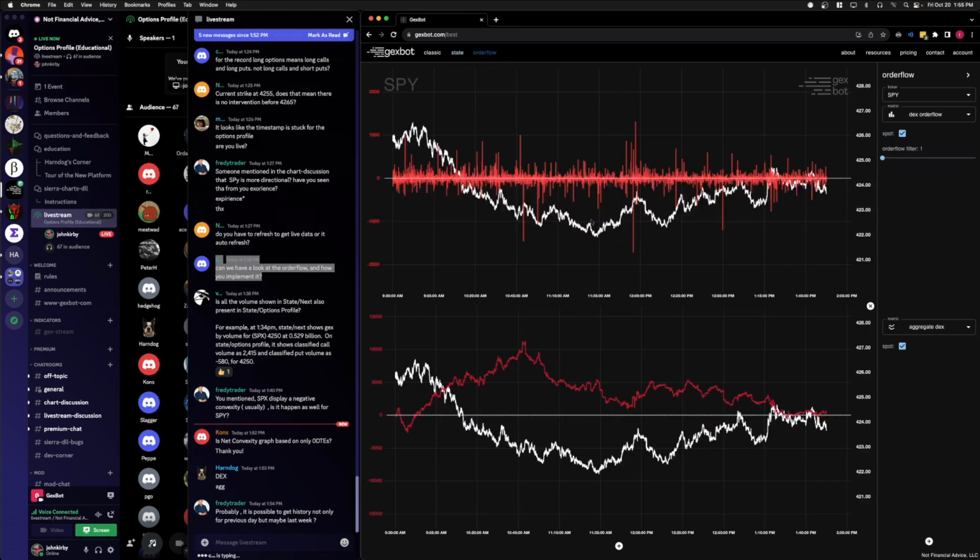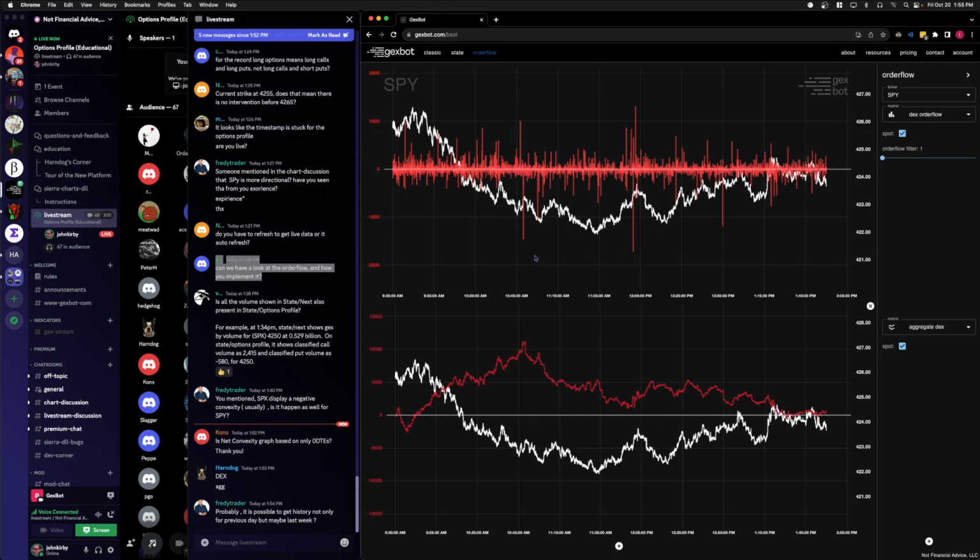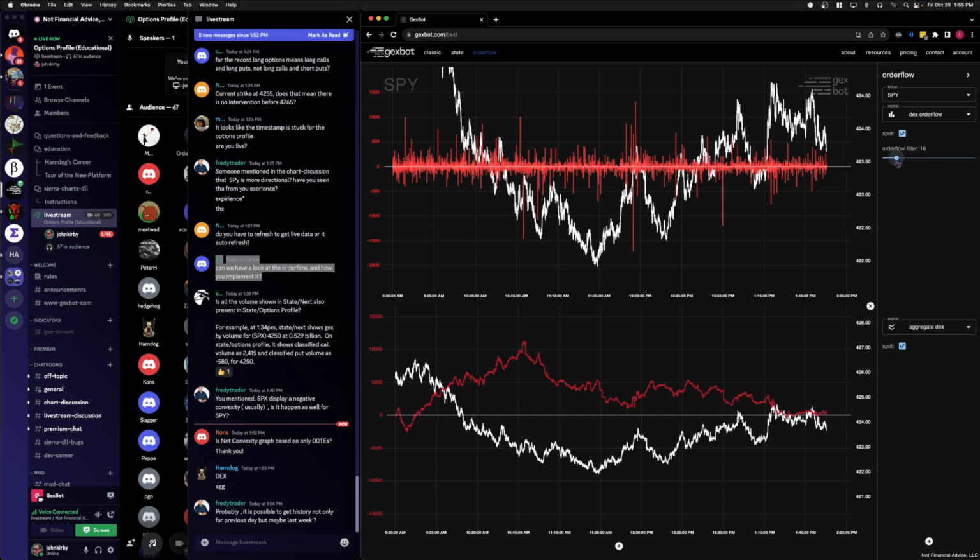So it's a way of keeping track of big trades that are coming through, and it is pretty cool for catching transitions. So, for instance, let me bring the filter up a little bit so we can just see that guy. Right here, SPX came up.